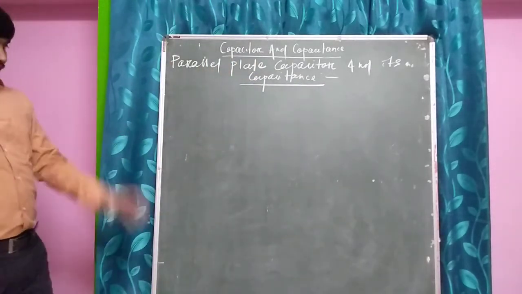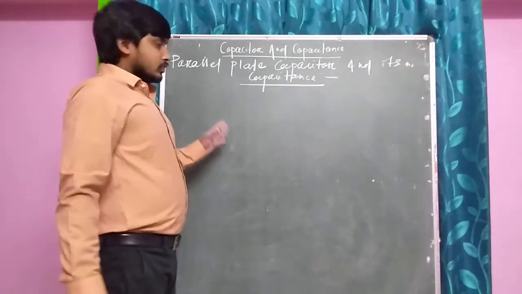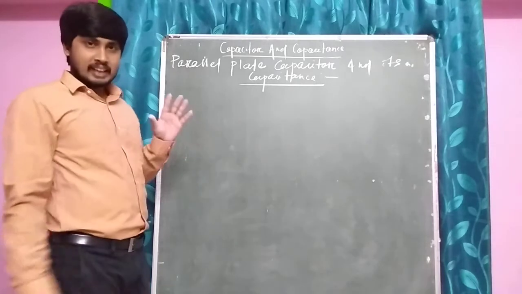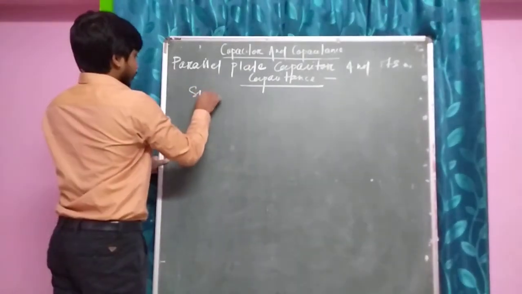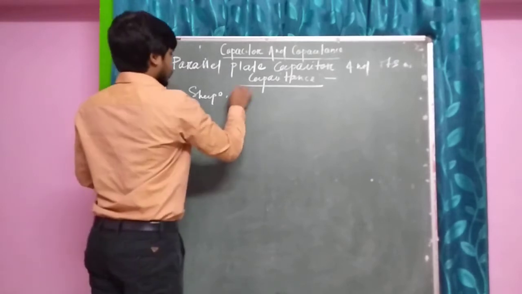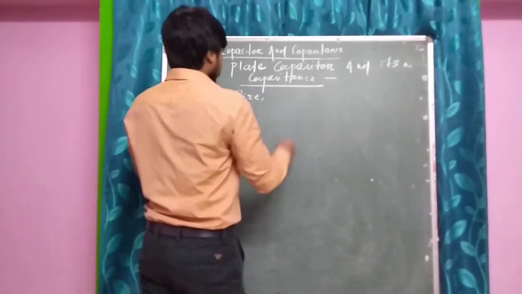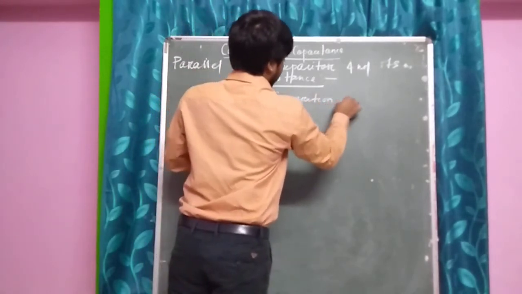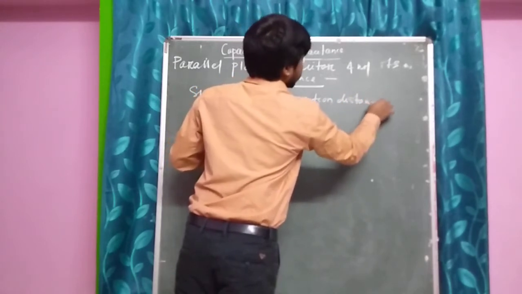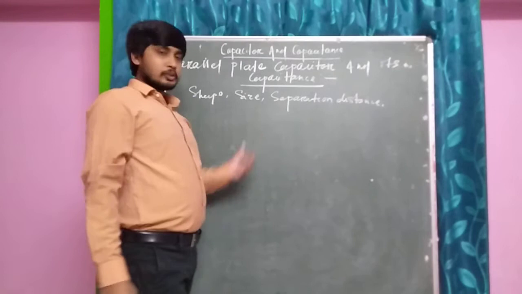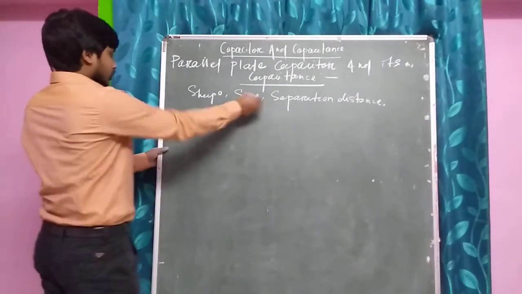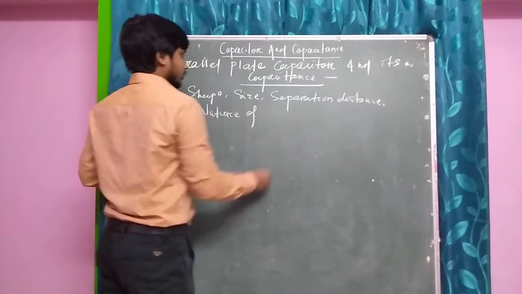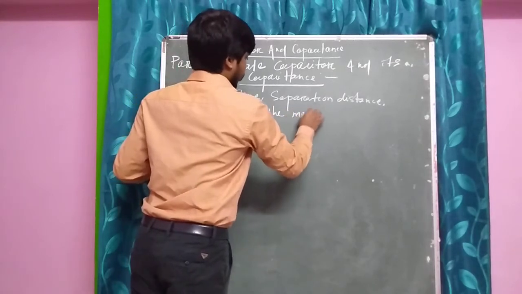All of you just remember one thing, that in case of a capacitor, the capacitance mainly depends upon its shape, size, then separation distance, what is the separation distance between the two plates, then nature of the medium also.